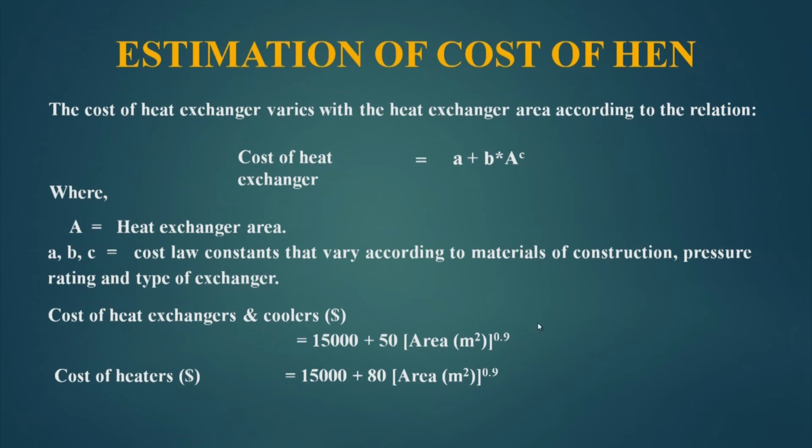So, these are the cost formulas: here this is 15,000 plus 50 area to the power 0.9, and for the heaters this is 15,000 plus 80 area to the power 0.9, and this is for the heat exchangers and coolers as well.